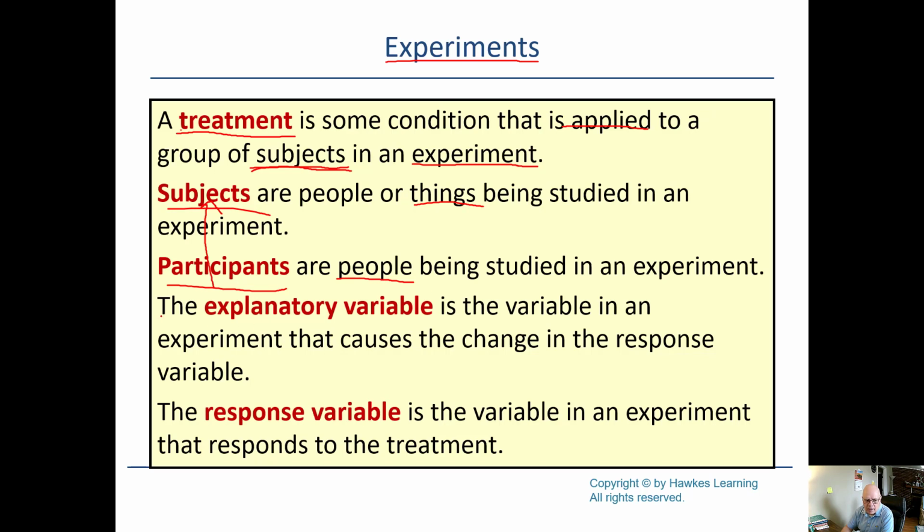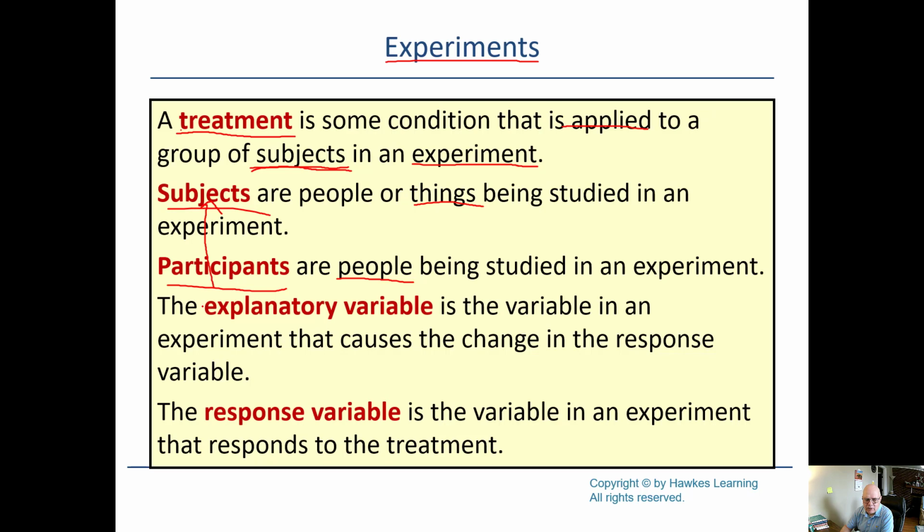Now, if you looked at the original slides, these last two are in a different order. I put them this way because the explanatory variable is sort of what you think of as coming first.